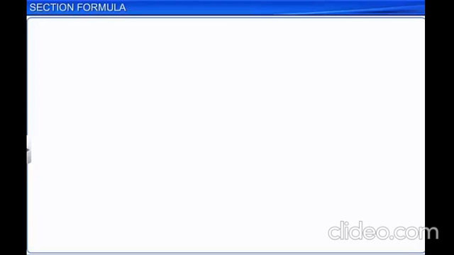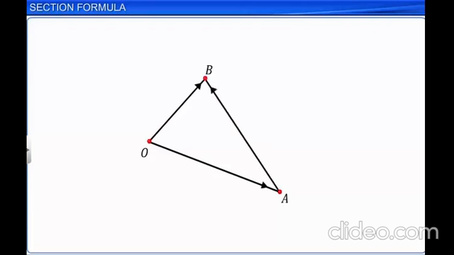Consider a point A, having position vector OA with respect to origin O. Consider another point B, having position vector OB with respect to origin O. AB is the line segment joining points A and B. Let R be a point that divides line segment AB.